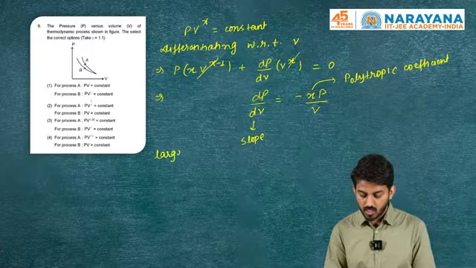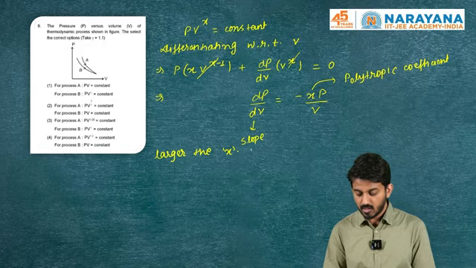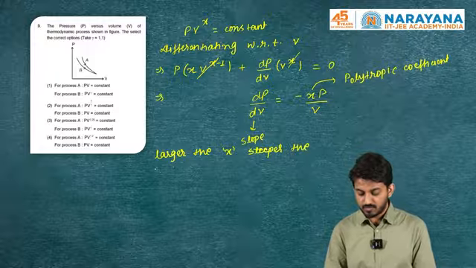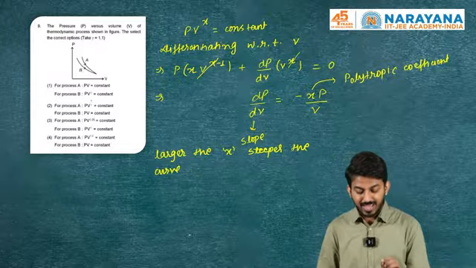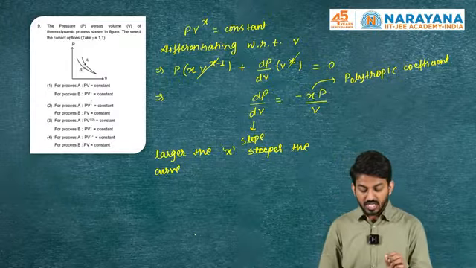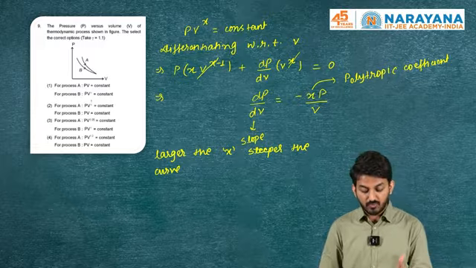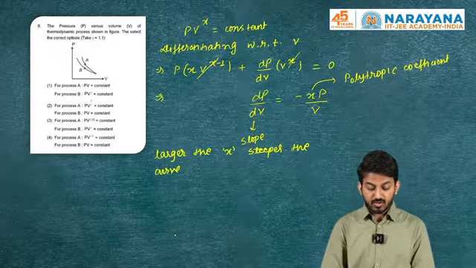So larger the x, steeper the curve. Now in this case you can clearly see that a is a steeper curve. So in case of a, the exponent should be larger. So from here you can figure out.